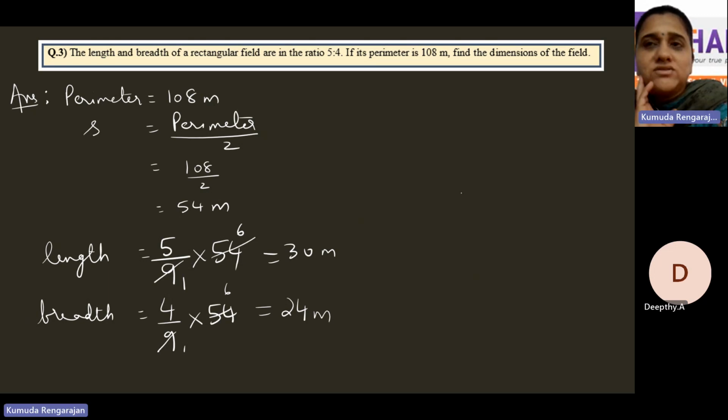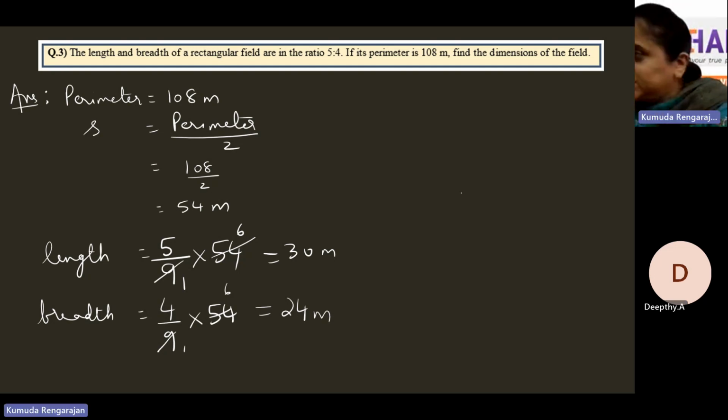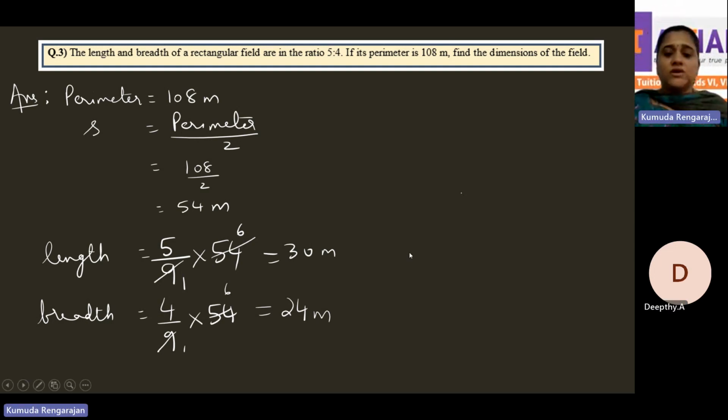That we cannot do because only the ratio is given. The value of the length or the breadth is not given. Is this understood, Deepthi? Yes, ma'am. Okay. We'll also do an alternate method.